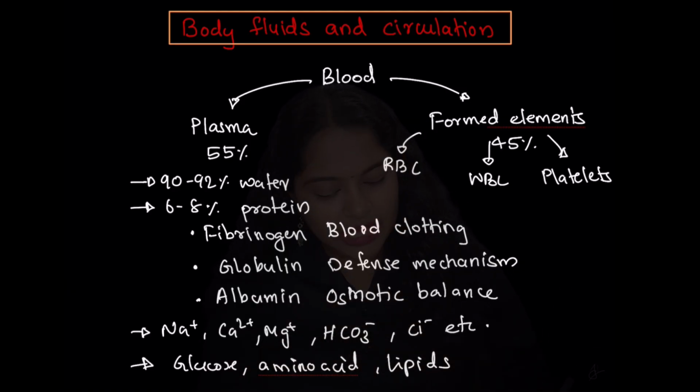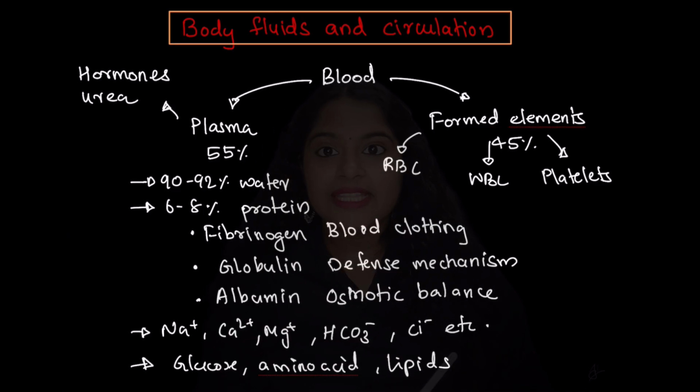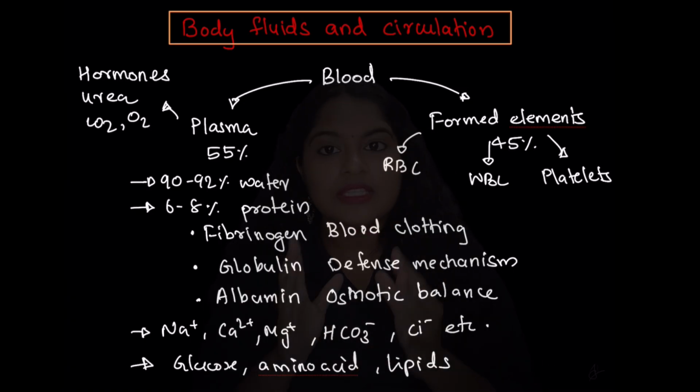In addition to that, plasma also contains hormones. It also contains waste like urea and the respiratory gases like carbon dioxide and oxygen also. So these all substances are present in the plasma.